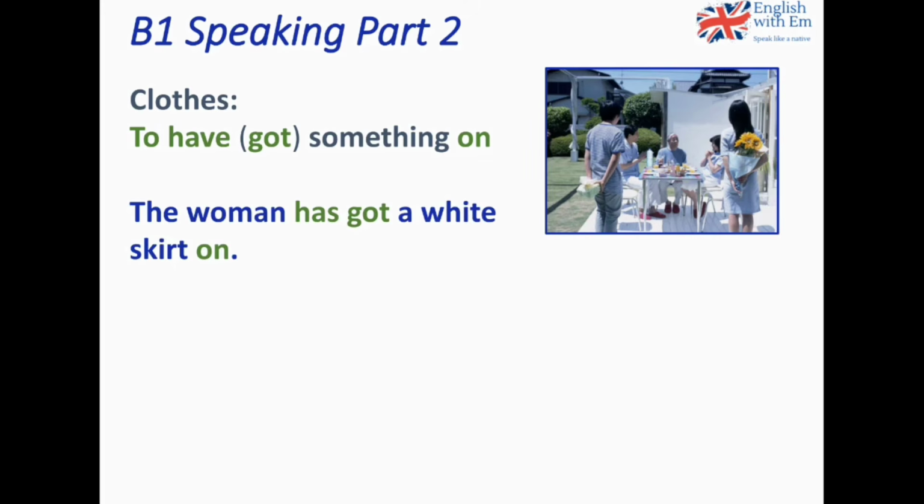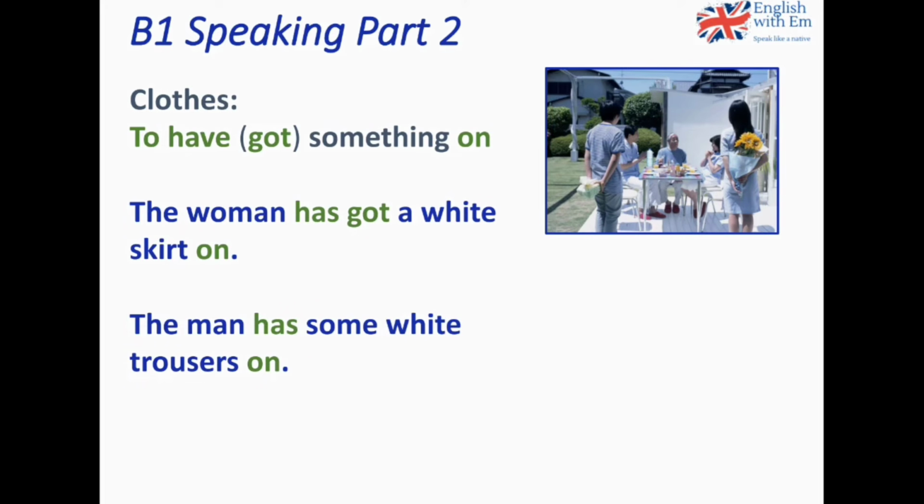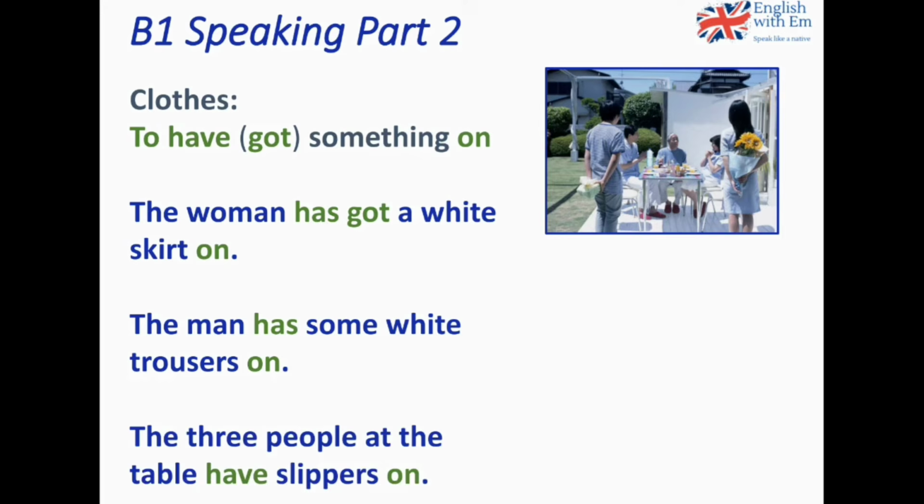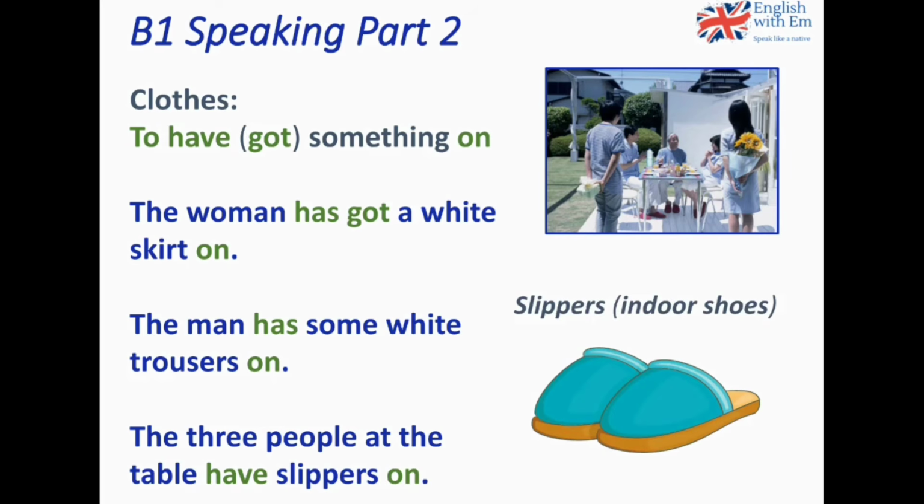The woman has got a white skirt on. The man has some white trousers on. The 3 people at the table have slippers on. Slippers are basically indoor shoes, like this, that you would wear in the house.